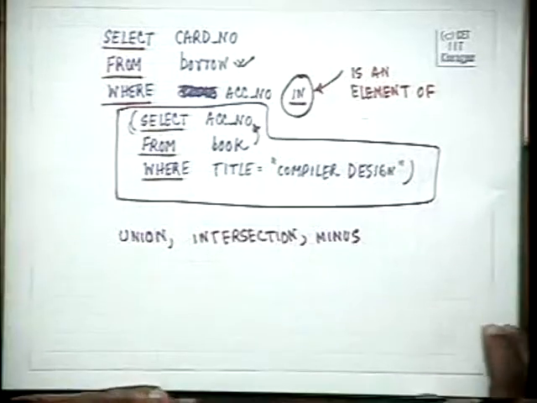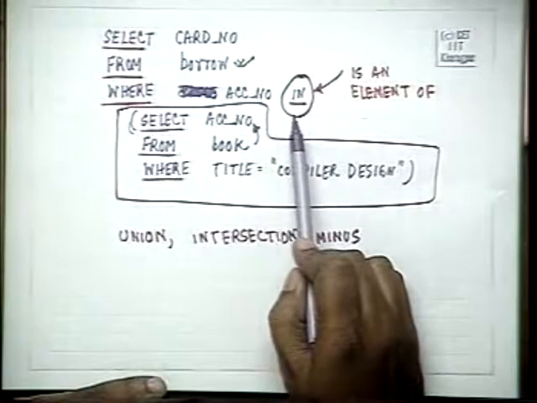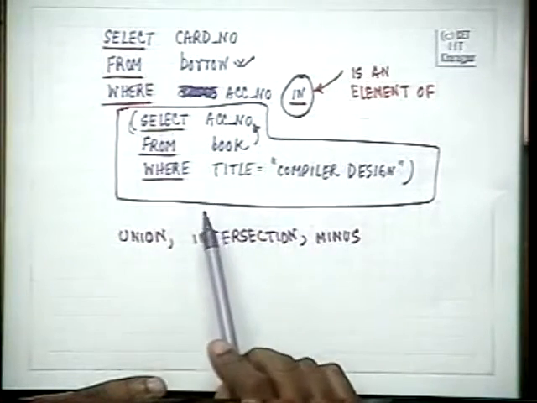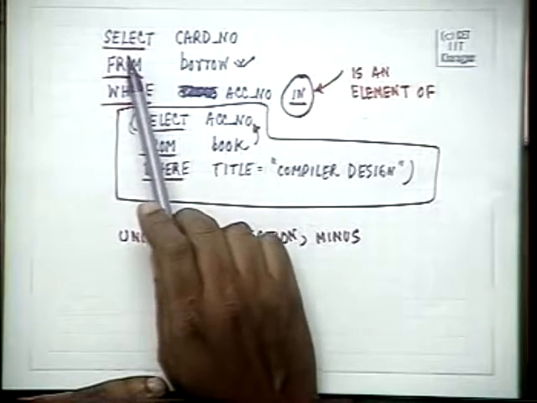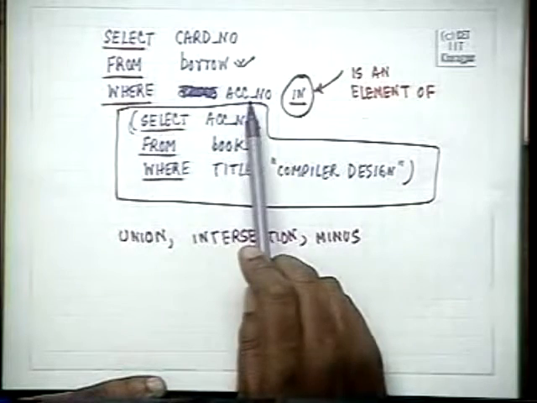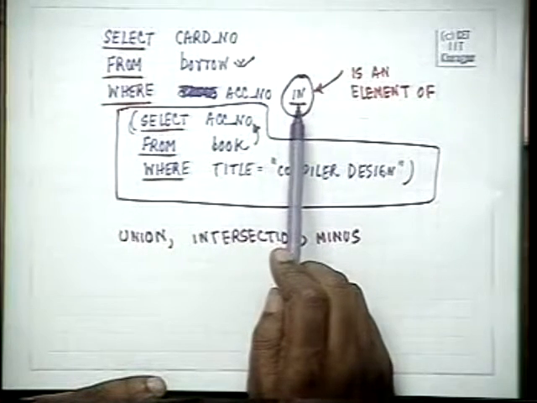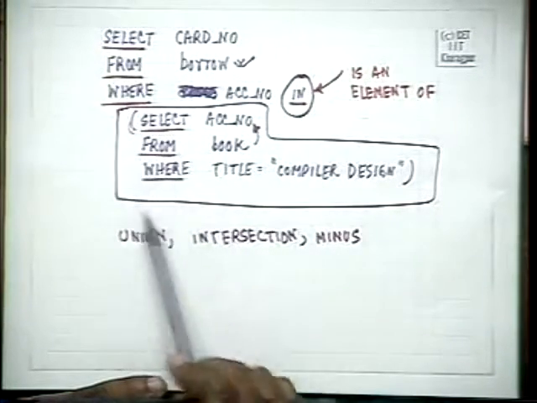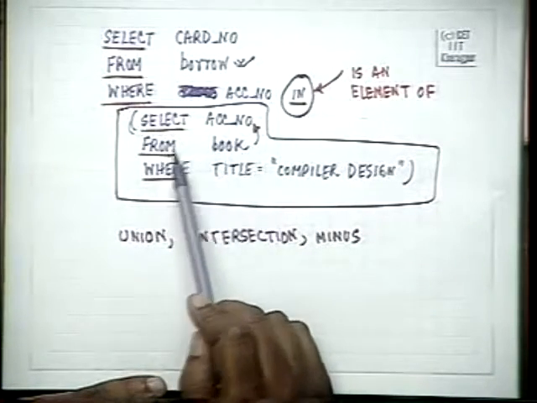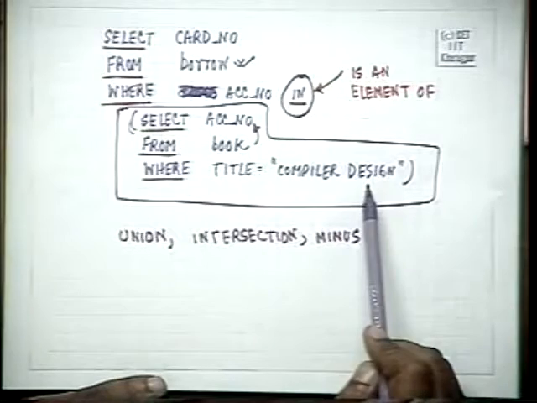We saw some other additional set operations, one of which was the in operation. In this case, it is select card number from borrow, where accession number is in, that is, it is an element of this set, where this set is defined to be select accession number from book where title is compiler design.